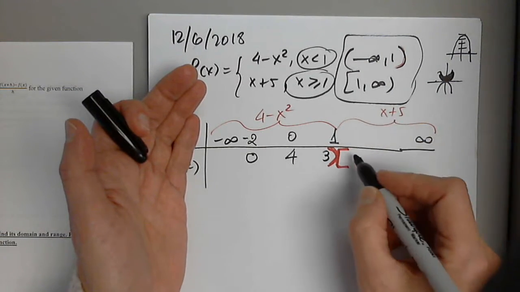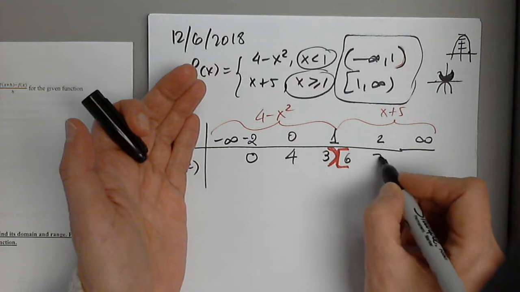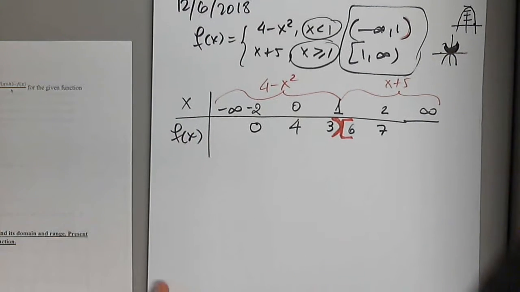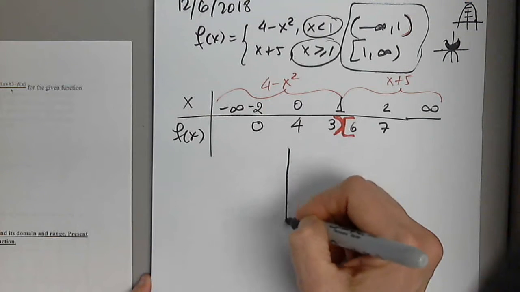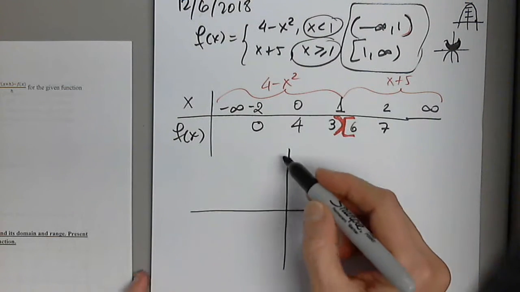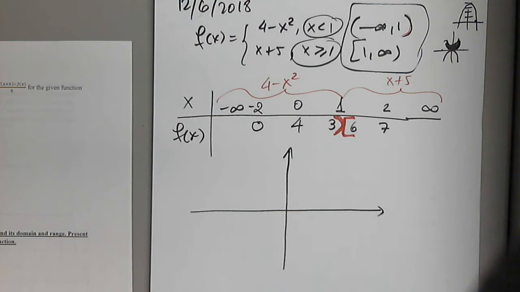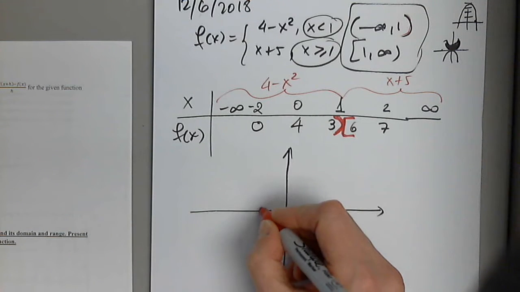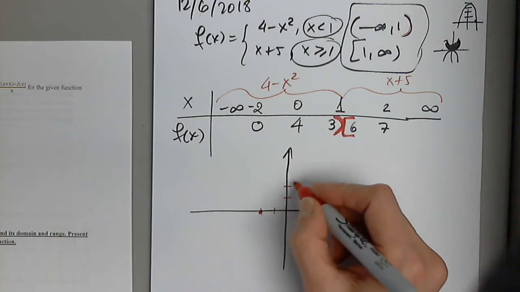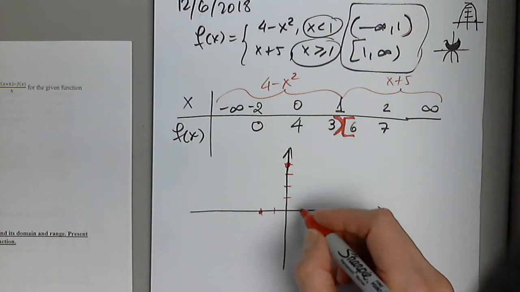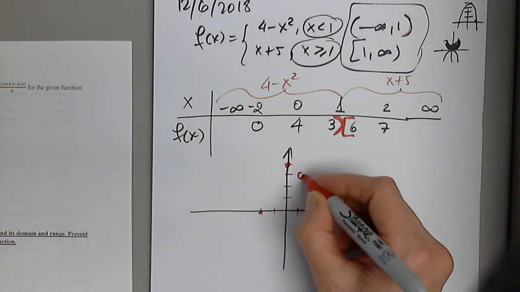On the other side, I plug in 1, and I get 6. I plug in 2, and I get 7. So negative 2, 0, 0, 4, and 1, 3. But it's an open point.